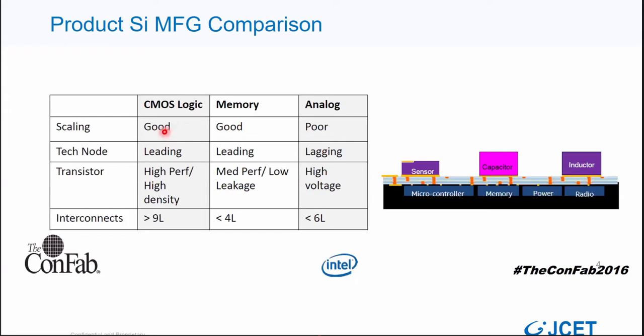It can scale fast, and memory is somewhat later. And analog really does not catch up, and will not be able to catch up, due to its performance requirements and design requirements. From a technology node view, CMOS logic is the leading one, memory is the second, and analog is the third. For interconnect layers, CMOS logic has the most backend layers, memory has fewer, and analog has fewer still.